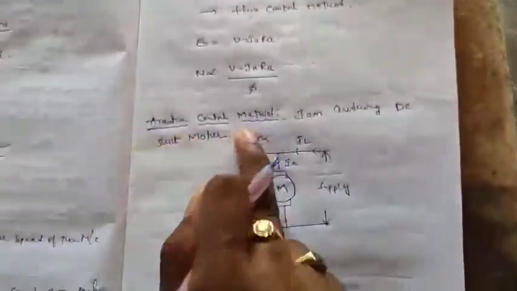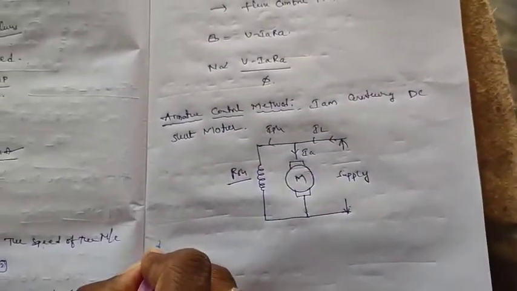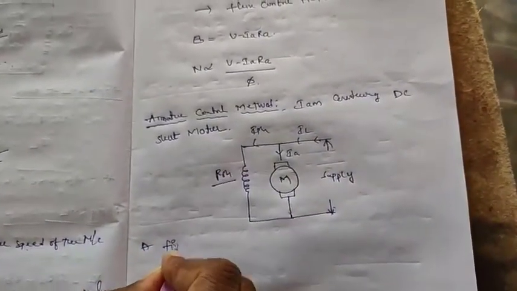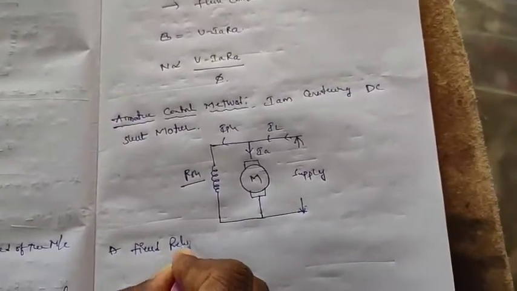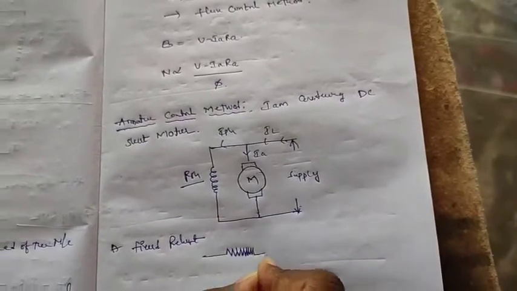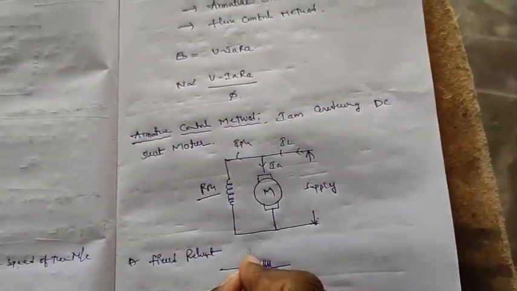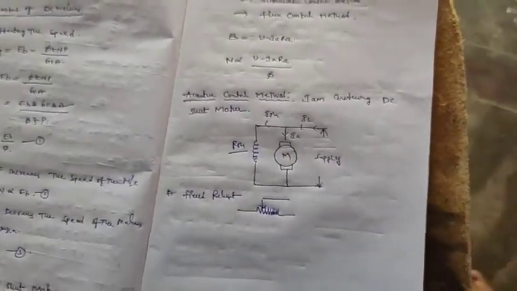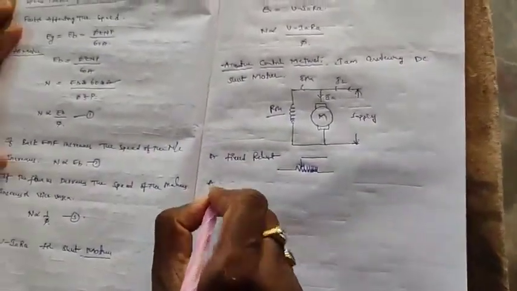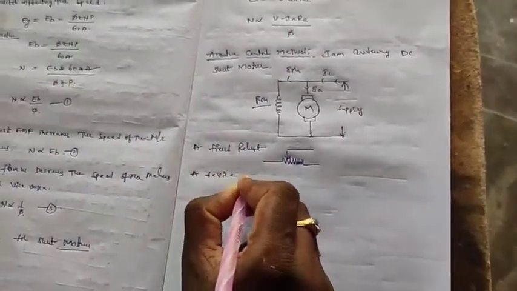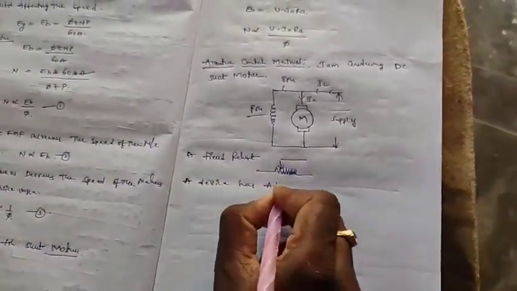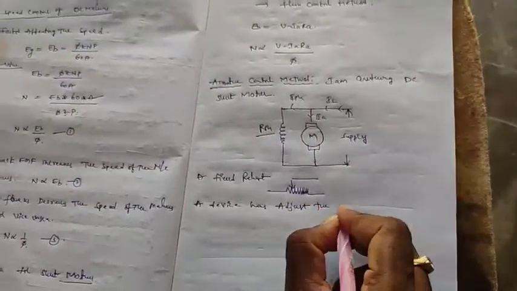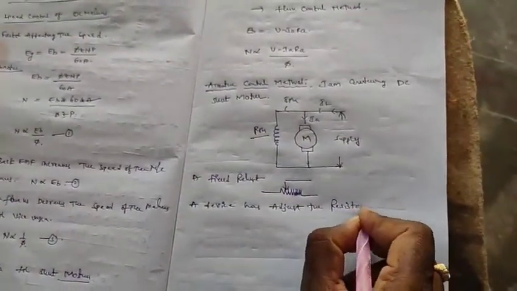In this armature control method we connect a rheostat, a device to adjust the resistance.